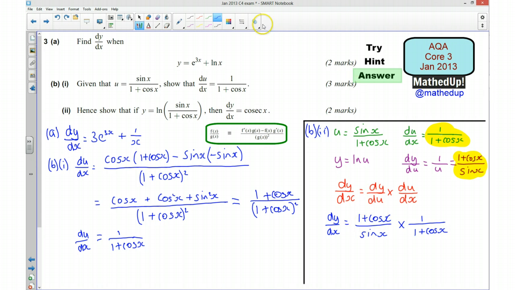Okay, now this and this are going to cancel each other out, so I'm going to be left with dy by dx is equal to 1 over sin x, and 1 over sin x is equal to cosec x, which is what we were looking for there.